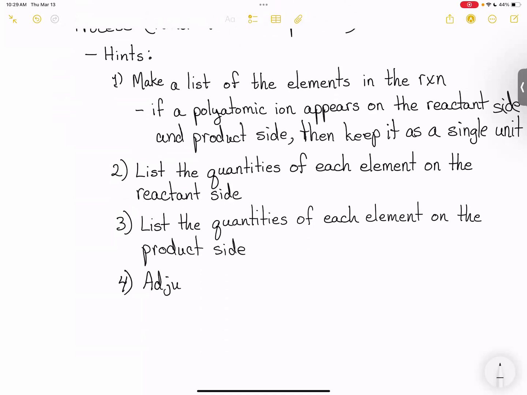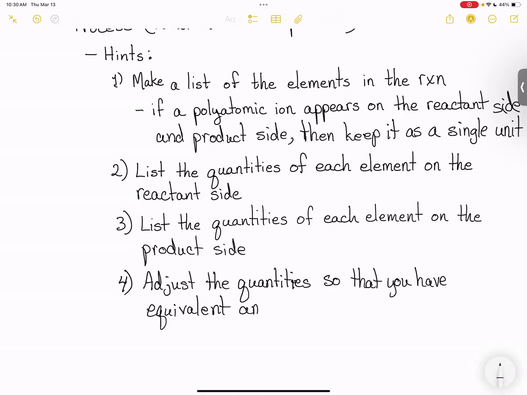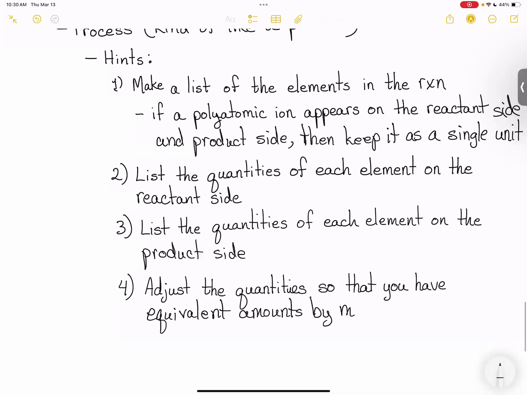Adjust the quantities so that you have equivalent amounts by multiplying formulas by coefficients.